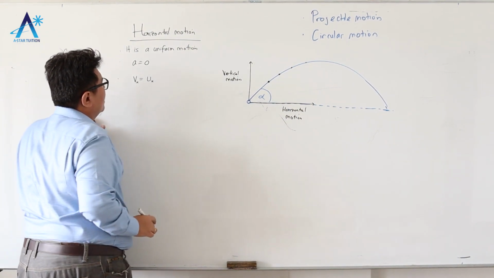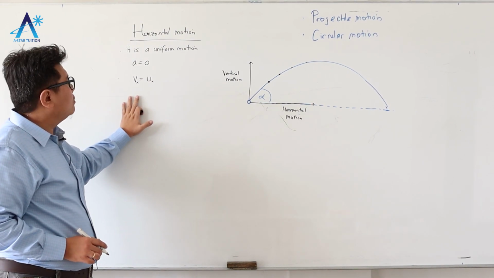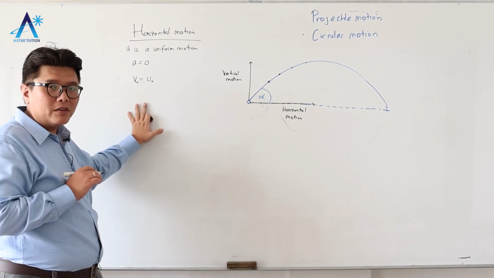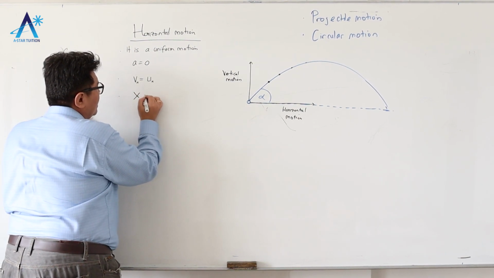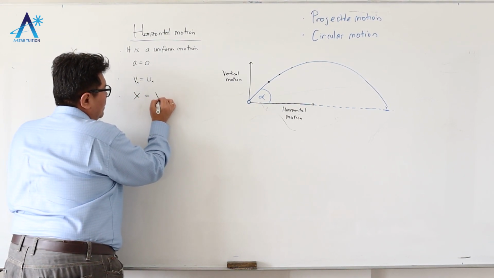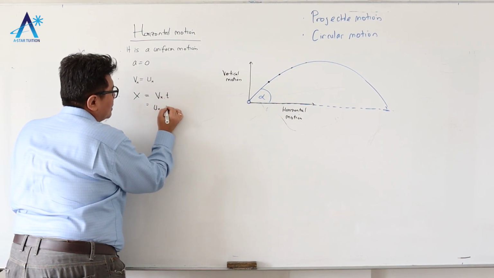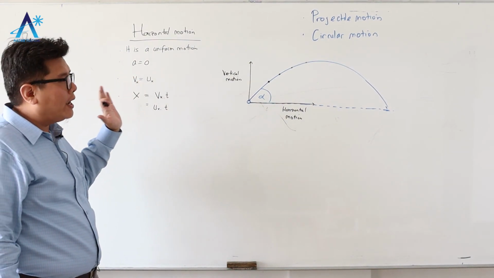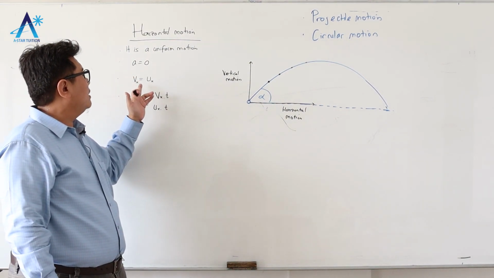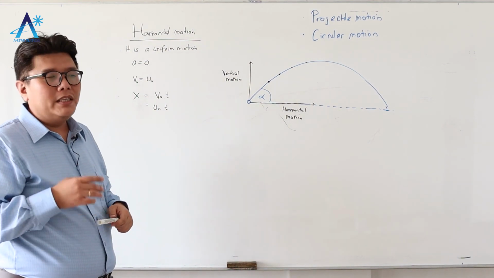It means that the final horizontal velocity is equal to the initial horizontal velocity. If this is the case, then we can find the displacement easily by using Vx times t, or ux times t. Now, what is ux? As I mentioned earlier, ux is the horizontal component of the initial velocity.